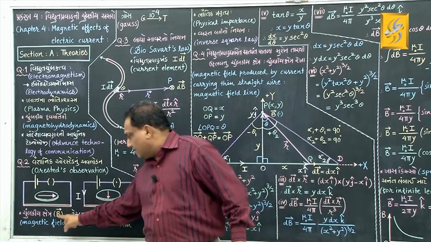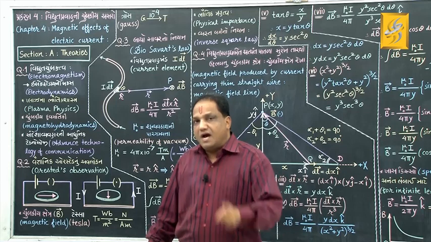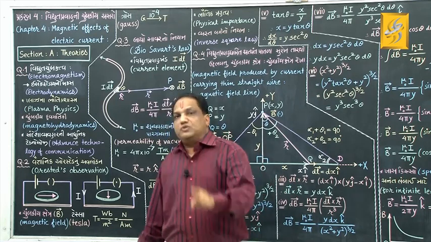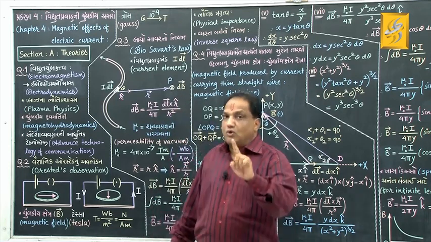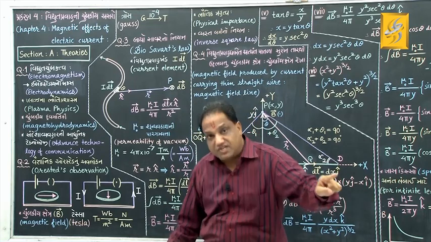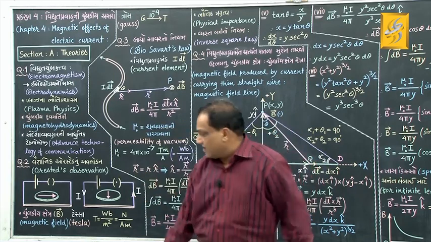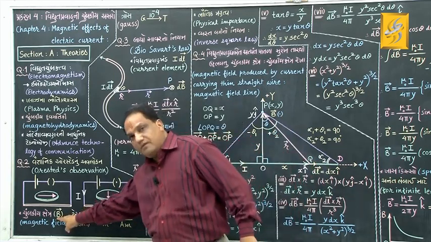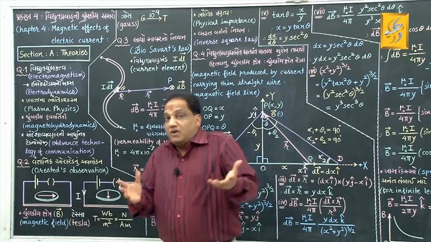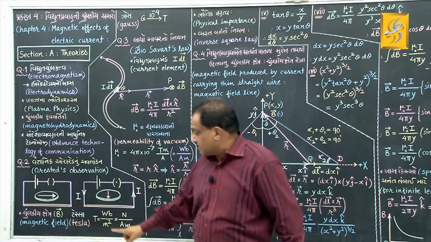symbol vector capital B. It has got some other synonymous names also. Either you say magnetic field, or you say strength of magnetic field, or you say magnetic induction, or you may say magnetic flux density. All these physical quantities are one and the same, and it is the magnetic field shown by symbol vector capital B. Okay. What is the SI unit of that magnetic field? SI unit is Tesla.